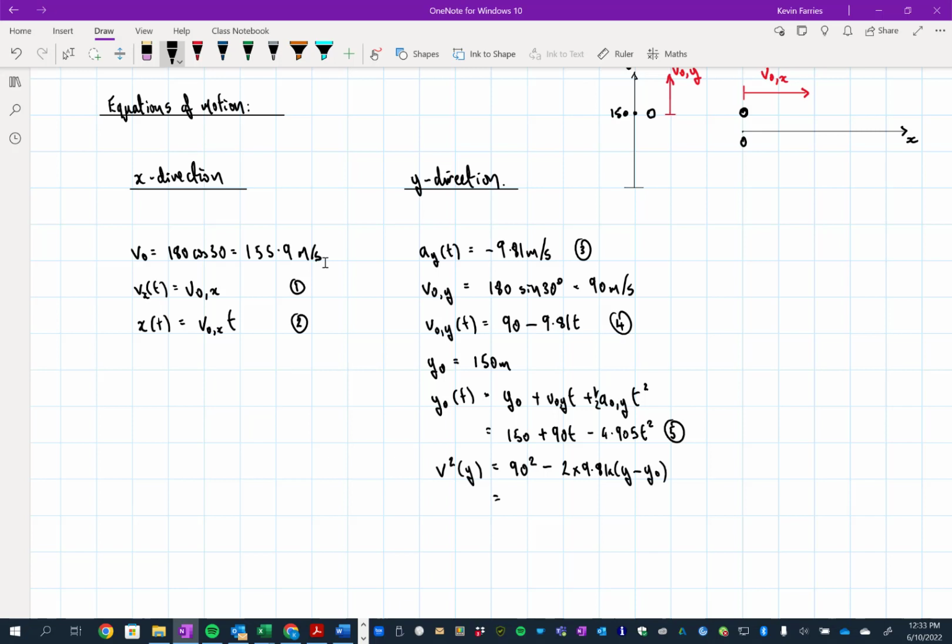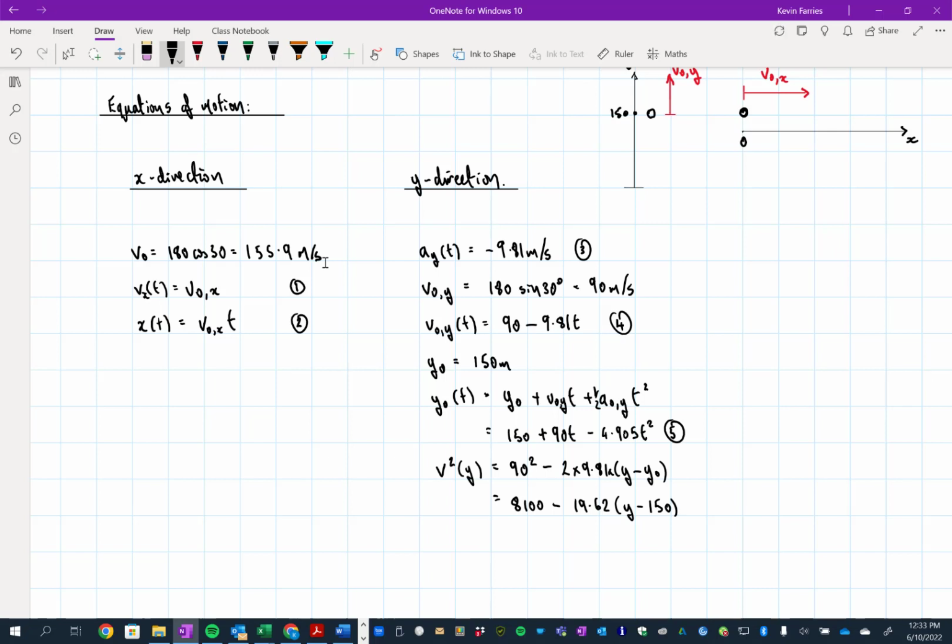So that's 90 squared, which is 8,100, minus 19.62 times y minus 150.